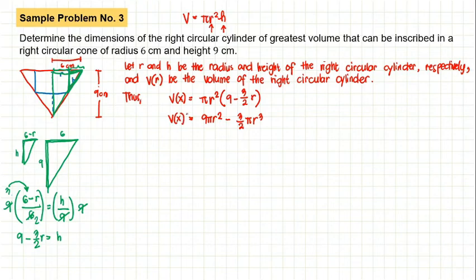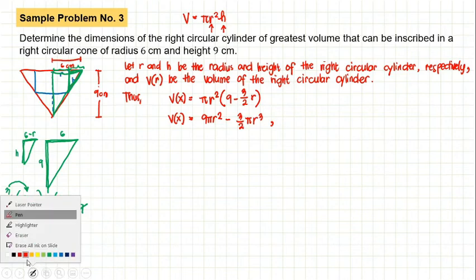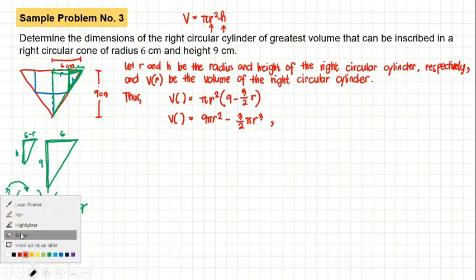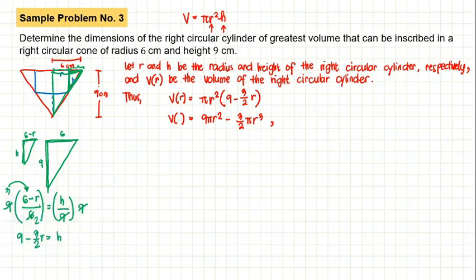And we proceed to the closed interval. We need to determine our closed interval. Take note, this should be V of r, sorry. So let's erase this. This should be V of r.